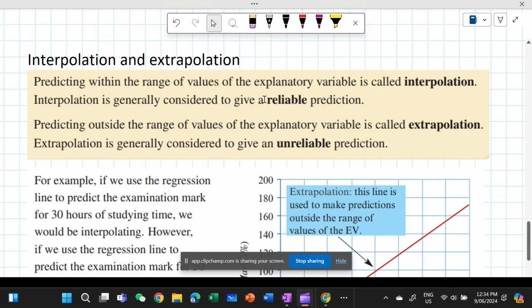We keep going now. We talk about interpolation and extrapolation. Interpolation means we're using a range of values within the explanatory variable, and this is generally considered a reliable prediction. Outside the range of values of the explanatory variable, we call this extrapolation, and it's generally considered an unreliable prediction.